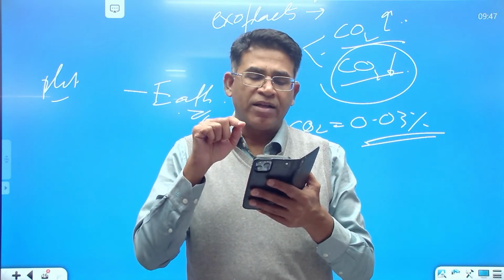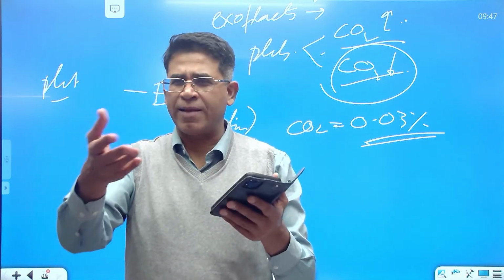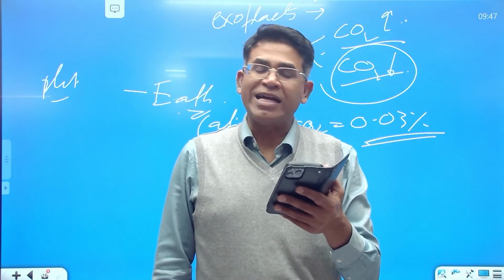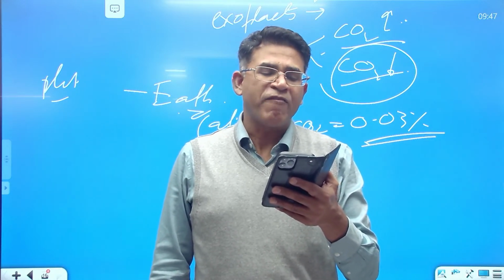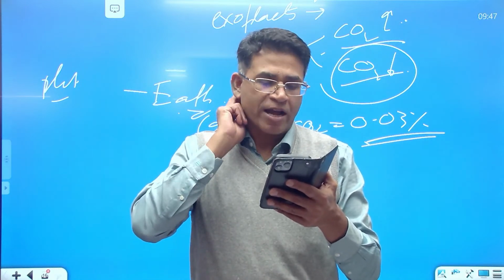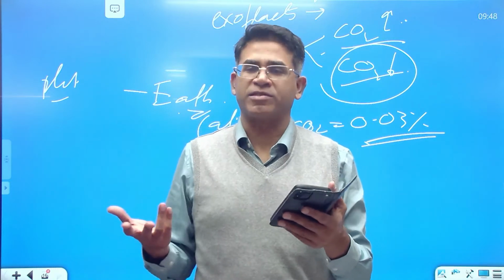And this has been confirmed by JWST, the James Webb Space Telescope. While scientists are looking for signs of habitability, and there are many factors for it, relatively depleted carbon dioxide is now one of the important habitability signs.